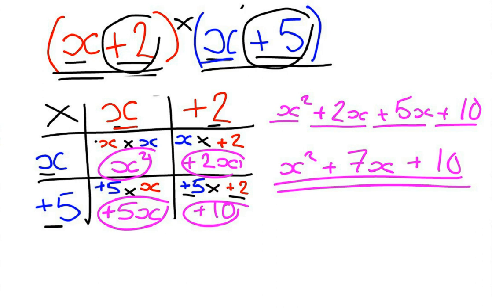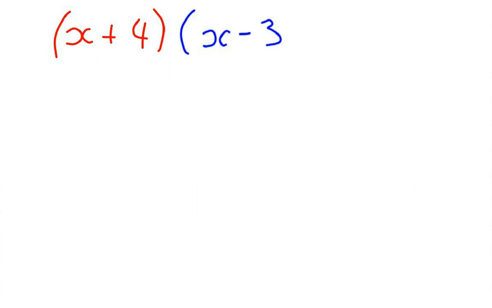Okay, let's do another example. Let's clear this. We're going to do something that's slightly more difficult now. I'm going to have my first bracket containing a positive term, and my second bracket is going to contain a negative term.